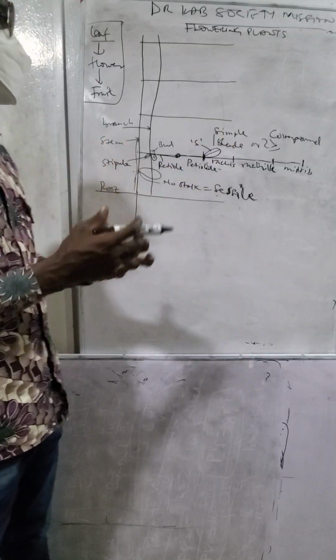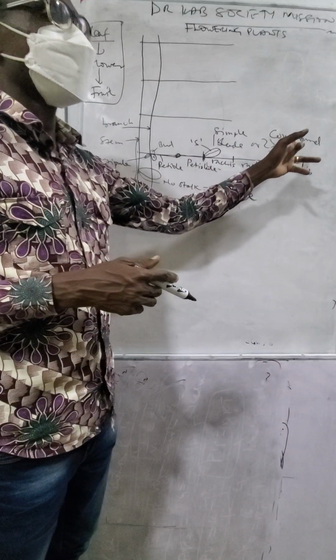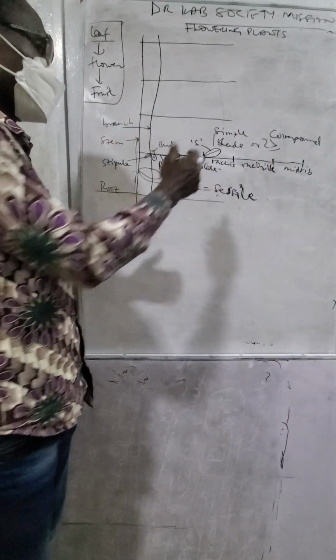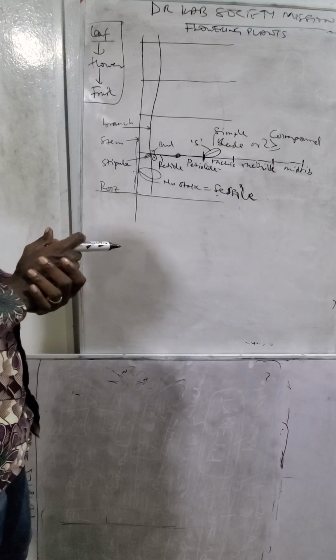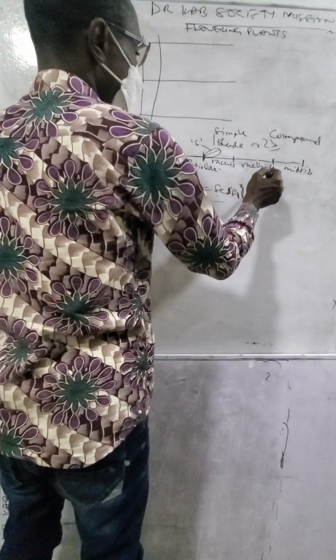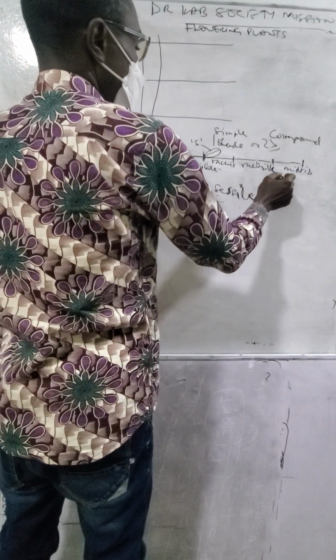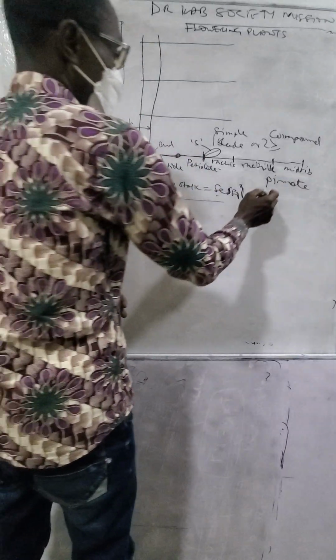And because you are going to have more than one leaf blade, then it becomes compound. That will give you the various types of compound leaves that you can have.